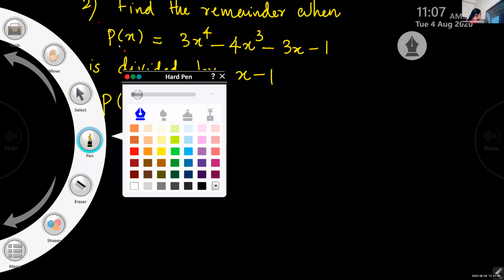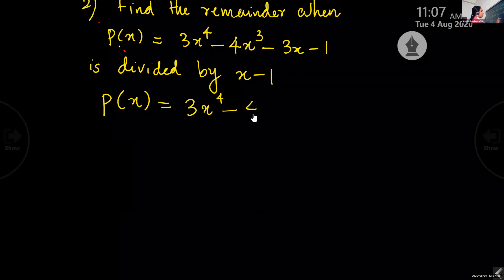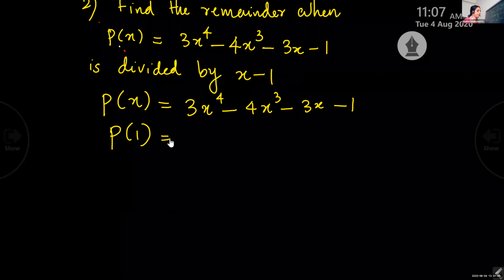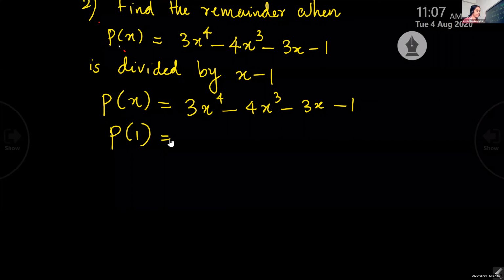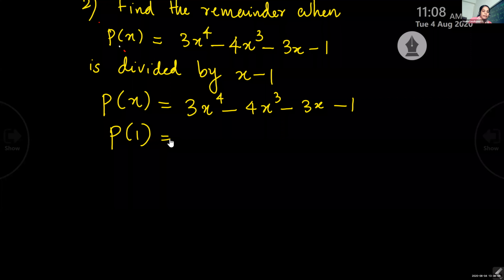So P of x equal to 3x raised to 4 minus 4x cube minus 3x minus 1. You are going to find out P of 1. When you get the answer, that is the remainder.